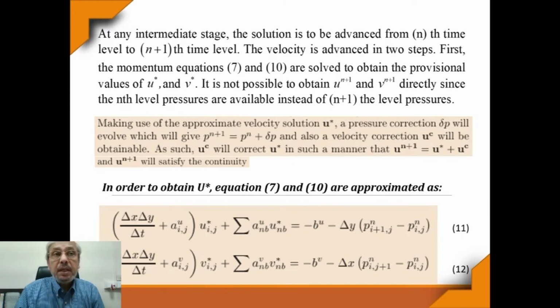They will advance towards a level which is n plus 1, but since the correct pressure is not there at the level n plus 1, and we are just advancing them with the help of this equation, we are unable at this stage to satisfy continuity also.